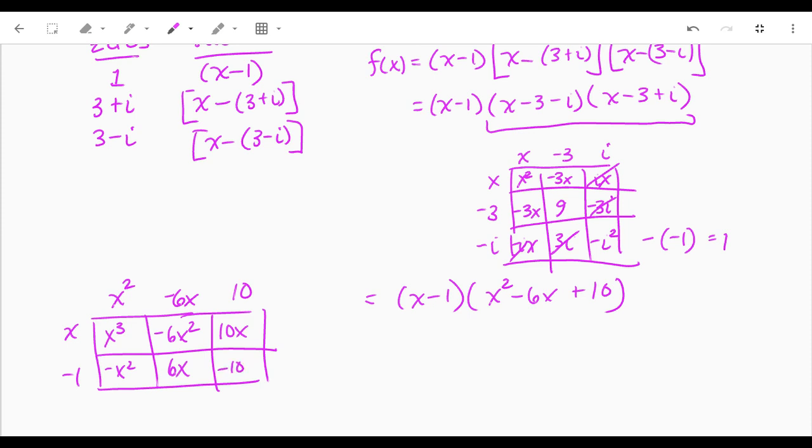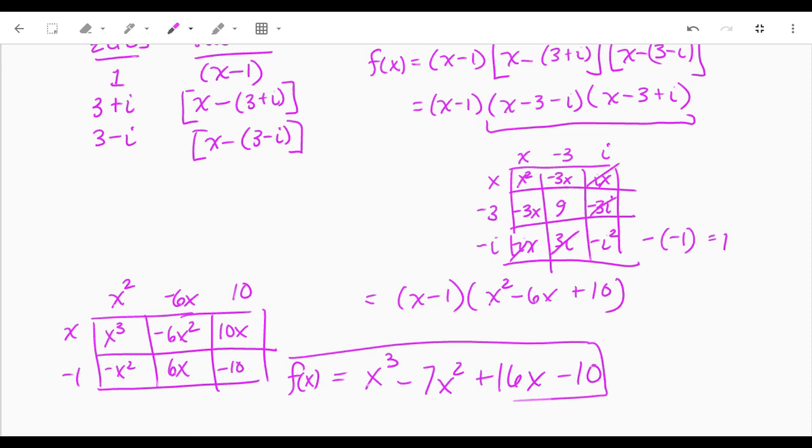So I get x cubed minus 7x squared plus 16x minus 10. And that's my final answer for f of x. So easy to make one little mistake there. So just be really careful with your work.